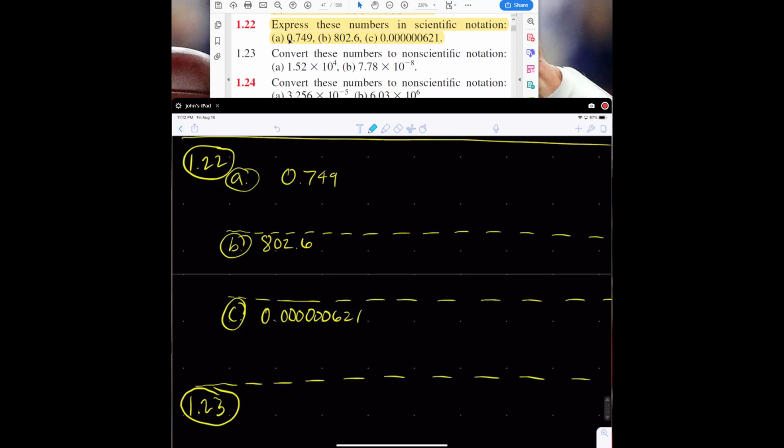So when we look at the first number we're given, in A, we'll apply what the text is saying. We're given this number, 0.749.